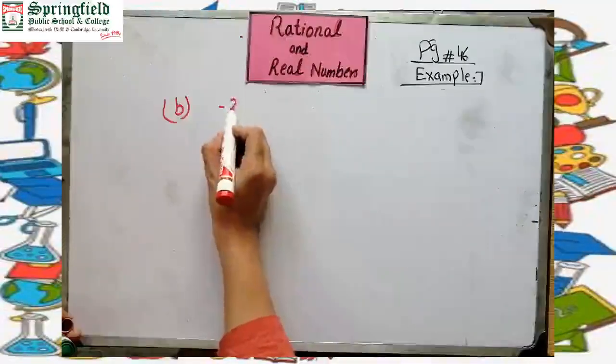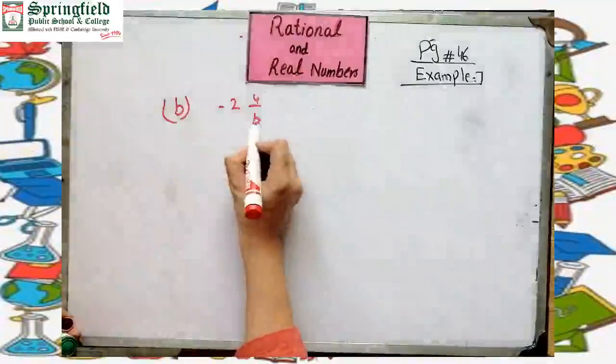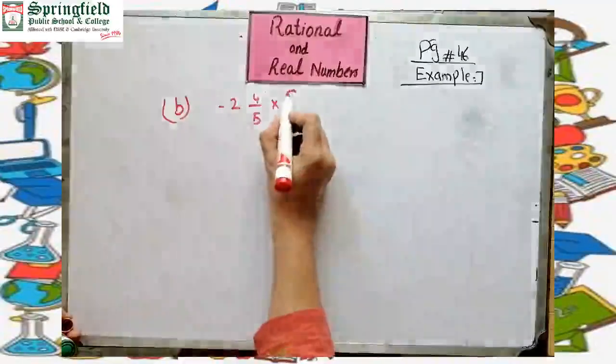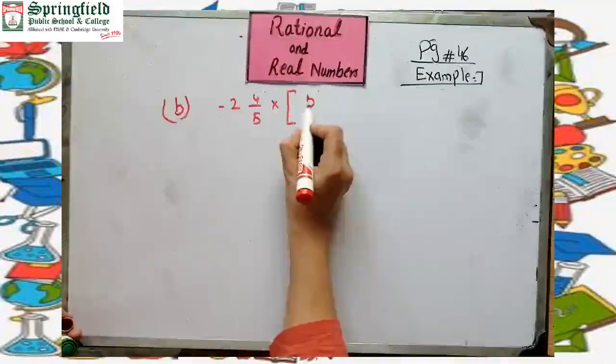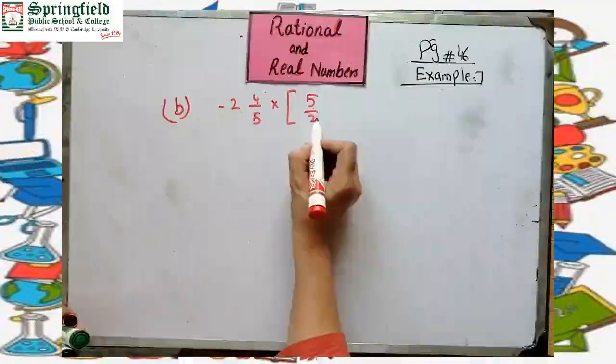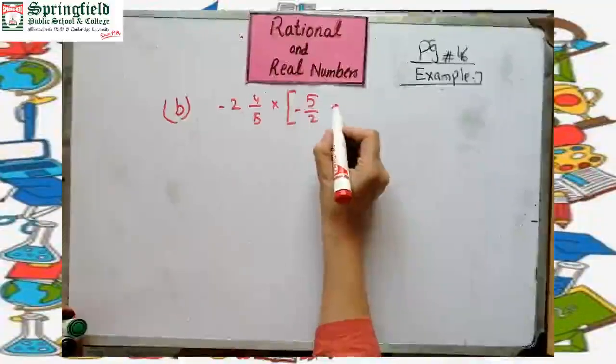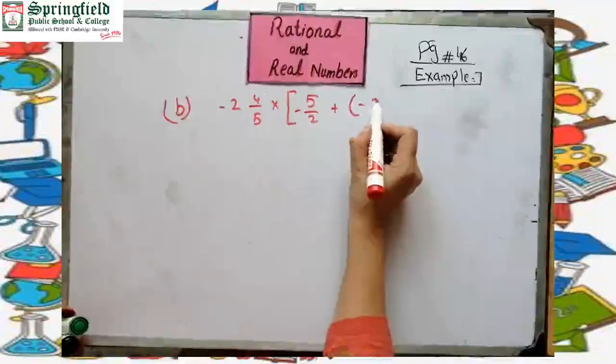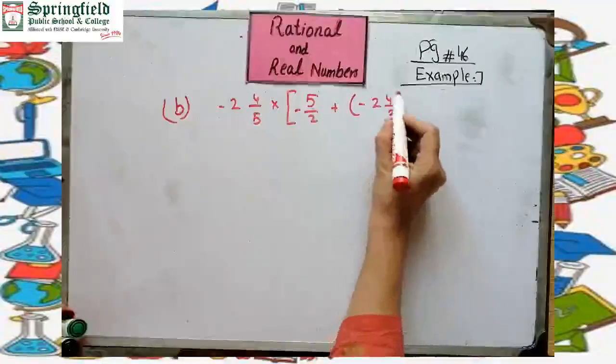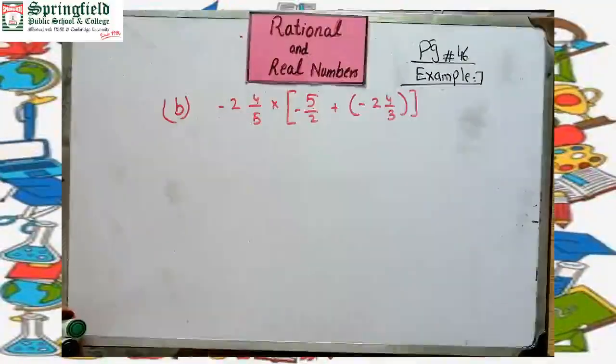B is minus 2 whole 4 by 5 multiply square bracket 5 divided by 2 minus 5 divided by 2 and then plus small bracket minus 2 whole 4 by 3 small bracket close and square bracket close.